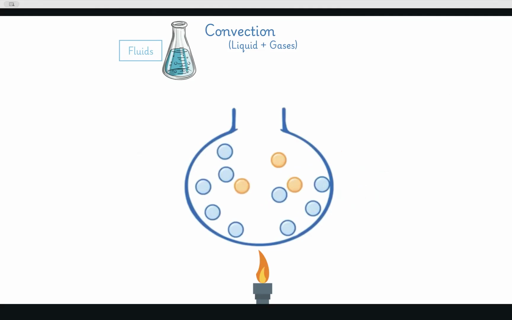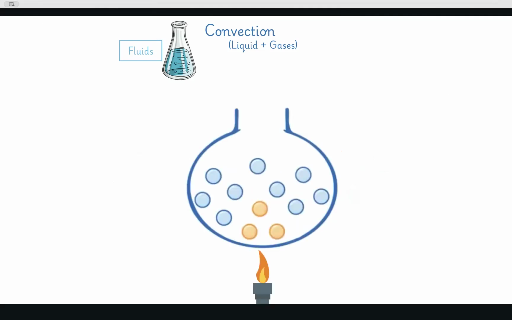At the same time, these cooler particles start to sink to the bottom, because they start to lose their energy. So the cooler particles are now at the bottom, and they would heat, and this cycle would just keep repeating. And this is what we call a convection current. So in this cycle, the cooler and the warmer particles switch places, the warmer at the bottom go to the top, and then the cooler come back down and heat up. This is called a convection current.